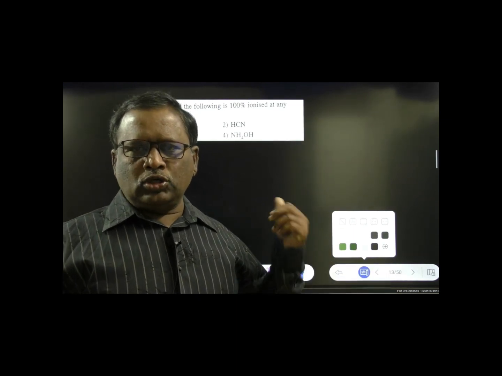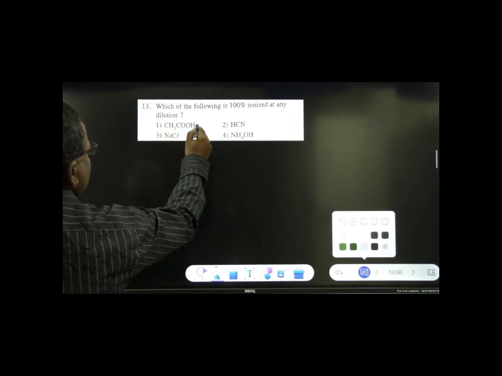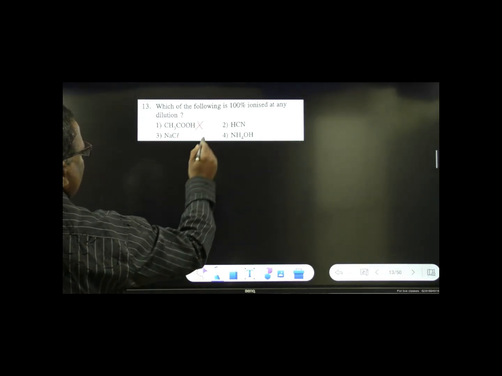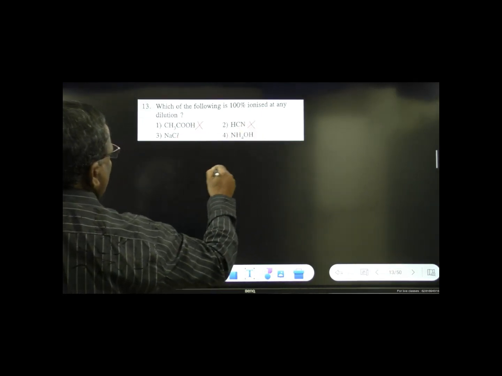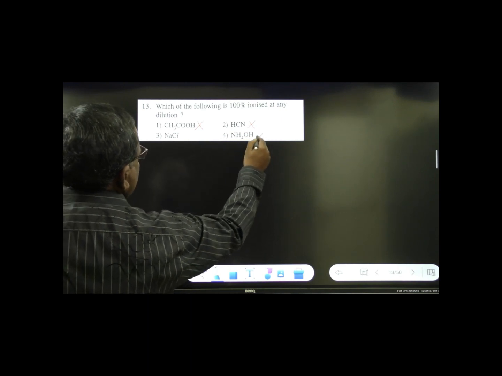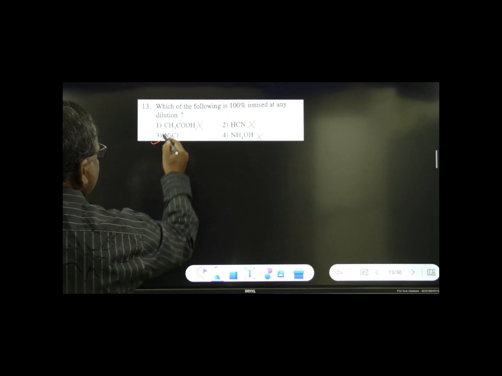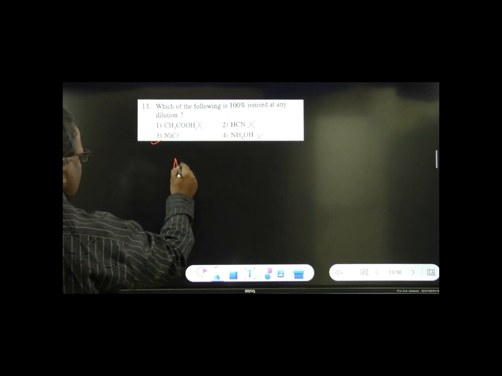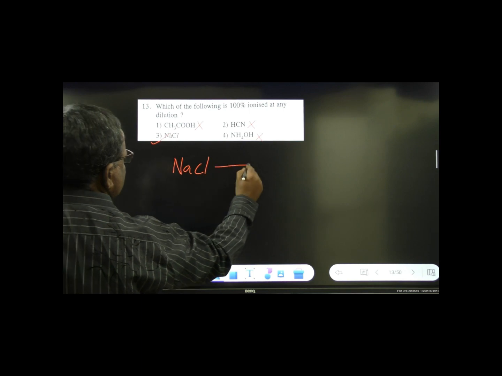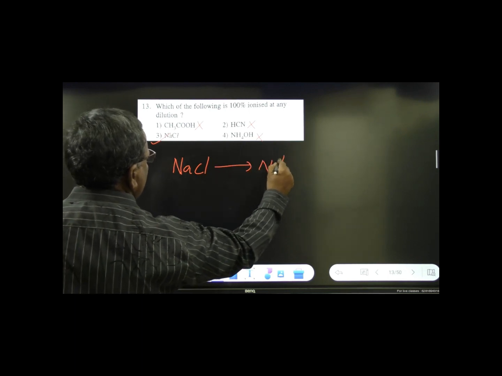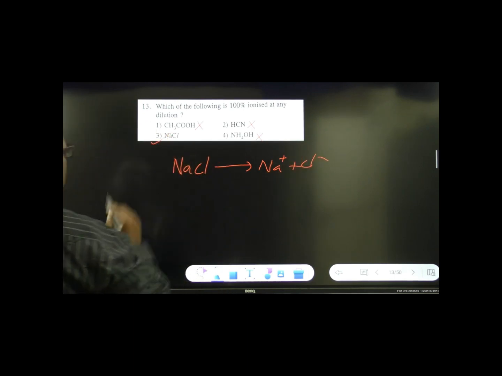According to Arrhenius theory, strong acids, strong bases, and salts in aqueous solutions or in their fused state are completely ionizable. So out of these options, let us verify. CH3COOH is a weak acid, so this is wrong. HCN is also a weak acid. NH4OH is a weak base. Here we have NaCl. NaCl is a salt. It completely ionizes at any dilution as Na plus and Cl minus. So the third option is correct.